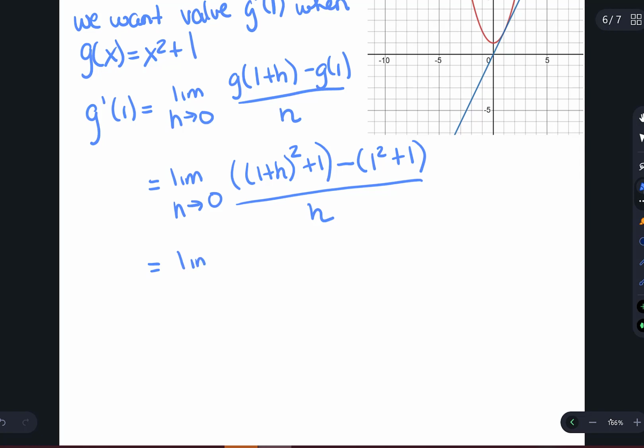This is going to be equal to the limit as h approaches 0. If we simplify this, multiplying out the (1 plus h) squared plus 1 minus, well, obviously 1 squared plus 1 is equal to 2, you'll find that that is equal to 2h plus h squared, divided by h.